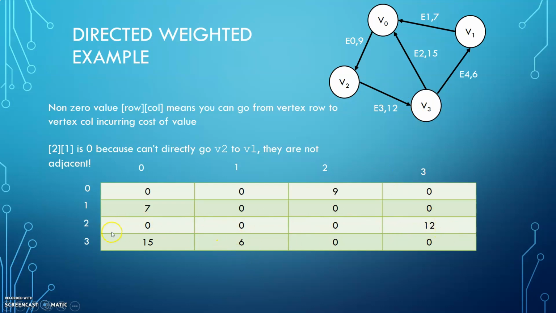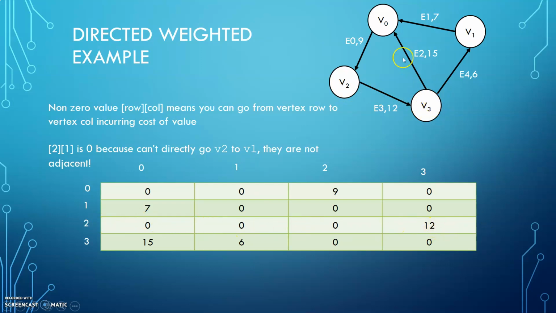And here, the 0 is representing not reachable. If 0 is a valid cost, we would have to use something else like maxint, Integer.MAX_VALUE. But if 0 means it's unreachable, we can just use 0 as the value. So vertex 2 only has that one value, which is the 12.